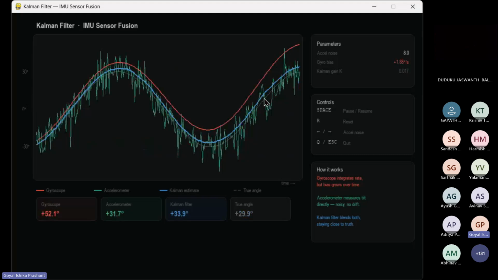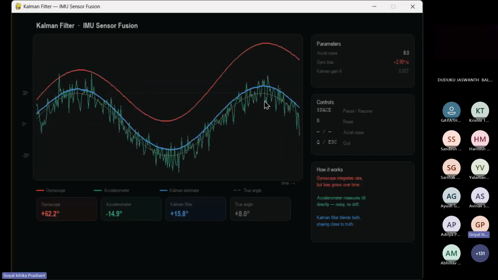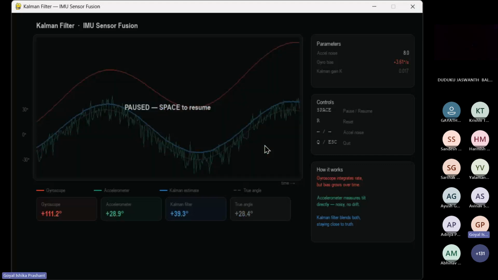As you can see here, there's hardly any difference between the Kalman filter and the true value. Does anyone have any doubts in this? Okay.